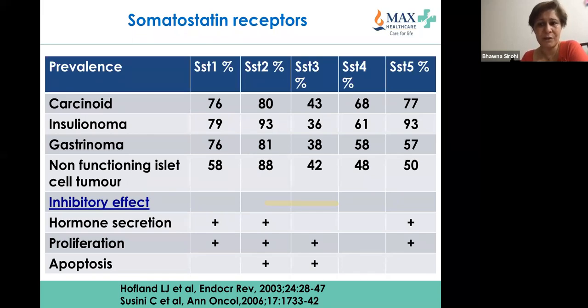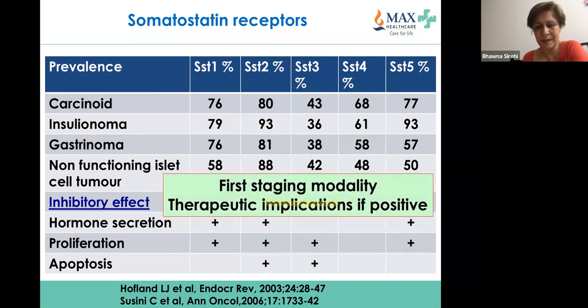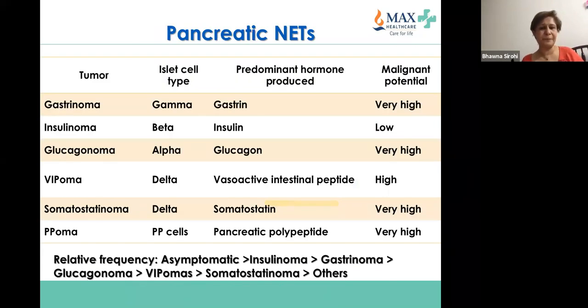But most of the drugs that we have target the somatostatin receptor 2. This is the first staging. So that's why we do the Hynek-tox scan and the DOTA scan, which actually look out for these receptors. It's a staging modality, but also has treatment implications like PRRT, which we will talk about if it is positive.